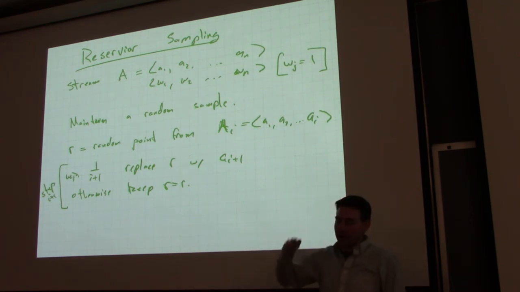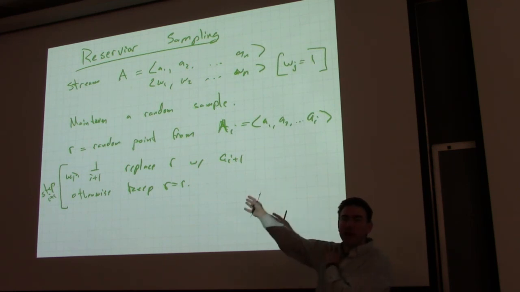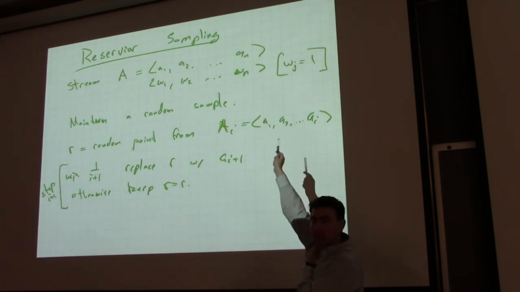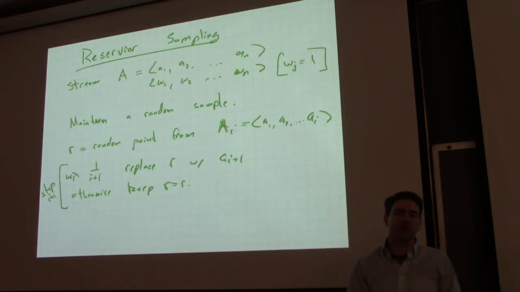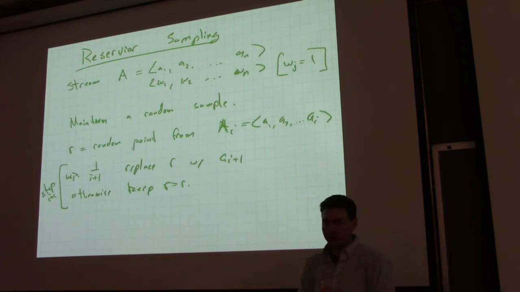So that means if I want to maintain 10 or 100 or 500 of these samples, I need to do these independently, which means that if I want to do this proportional to the weights, and some of the rows I want to keep because they have a really large weight, I'm going to tend to sample those over and over again. So there are versions of this where you want to sample stuff so you never sample something twice.